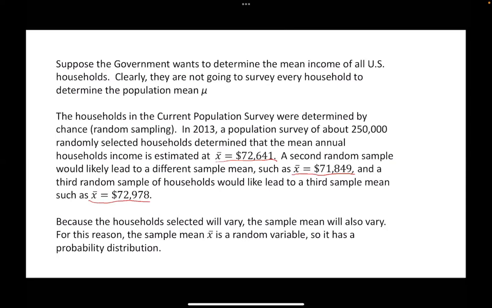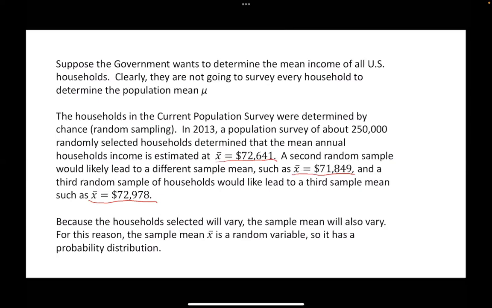Now our sample means are going to vary because every sample has different people in it. So they're going to vary a bit, and it's a random variable. Our sample means are all different, but what we can do is take a whole bunch of these means.